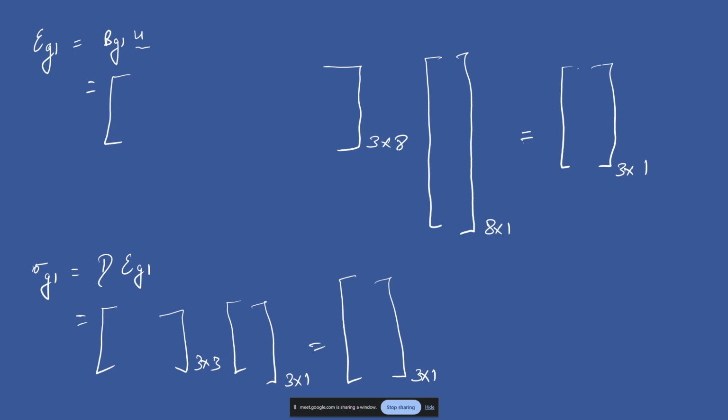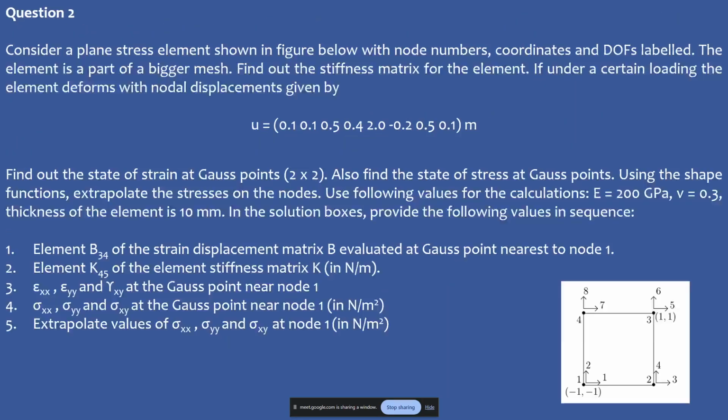Once you have the stress tensor available at all four Gauss points, what has been asked in the question is element B34 at the Gauss point near node 1.